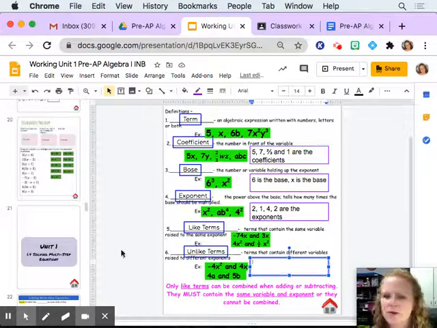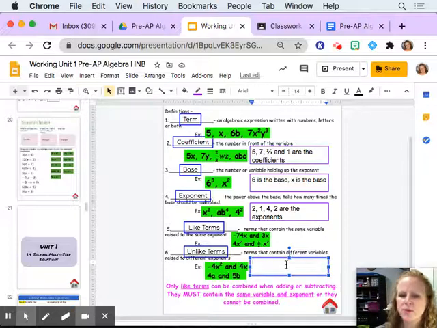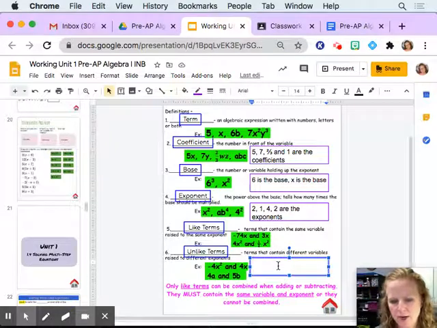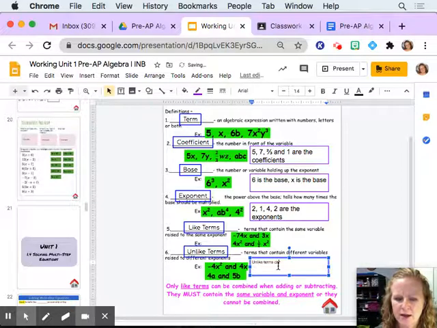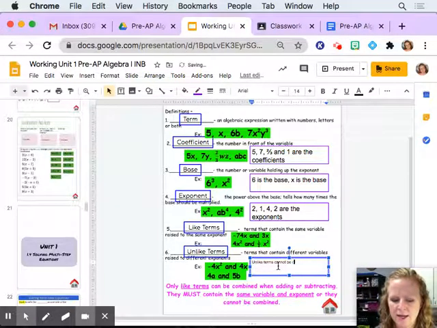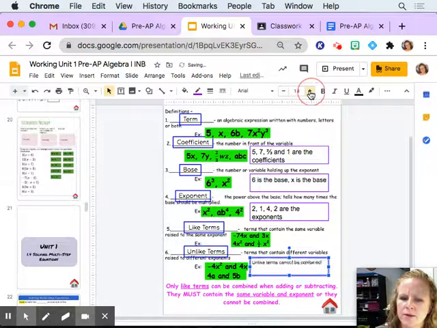And then the last thing I want to write in here about unlike terms, terms that contain different variables raised to different exponents. Put on here, unlike terms cannot be combined. Make that bigger.